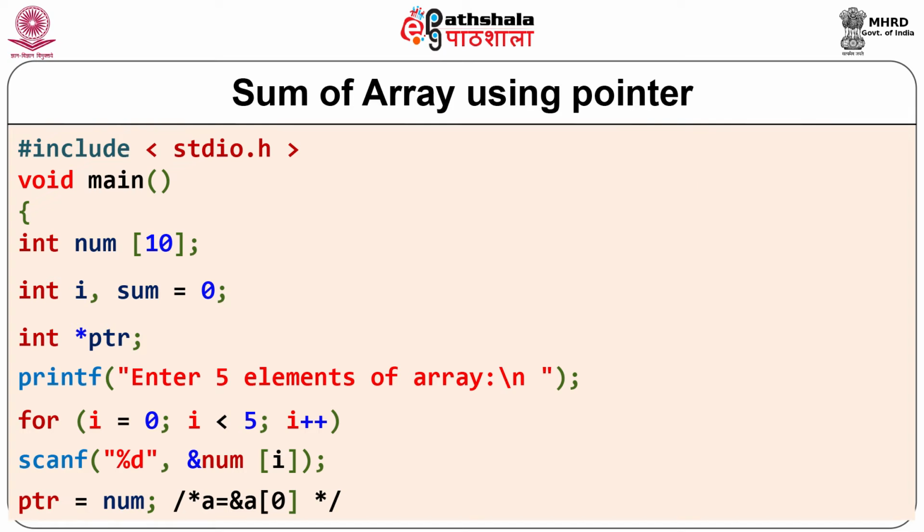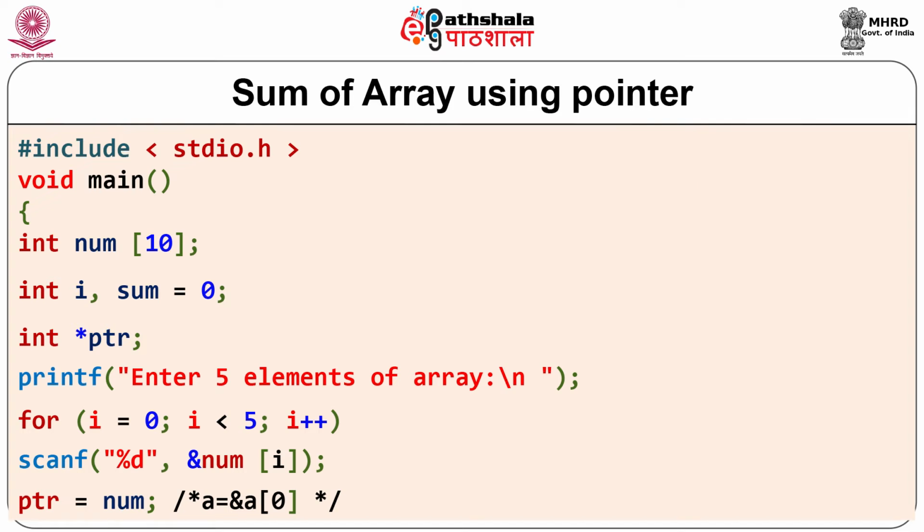array elements. So now we want to enter array elements and therefore we are using a for loop: for i = 0; i < 5; i++. scanf %d, &num[i].